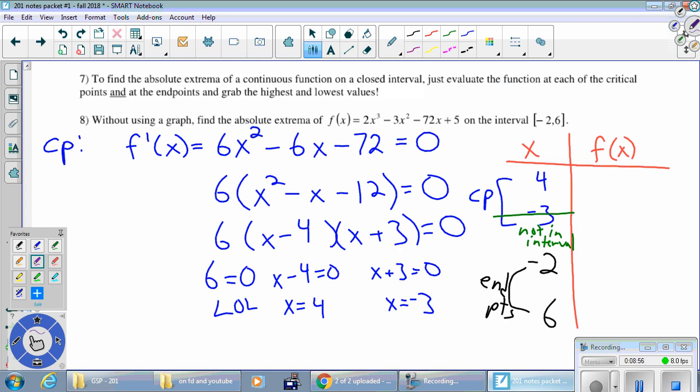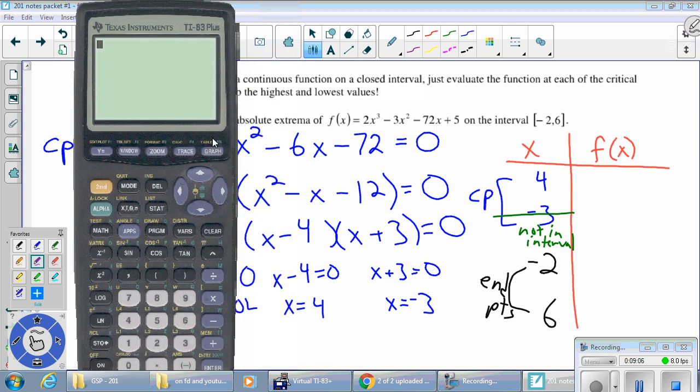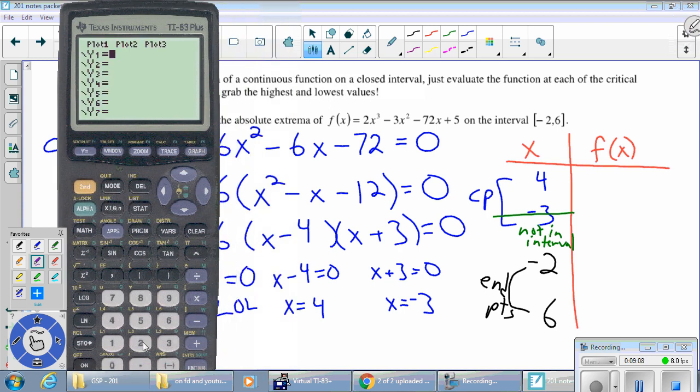When we plug 4 in, I'm actually going to use a calculator to help me on this, just to speed things up. Because I'm doing 3 function calls here, I'm just going to type the function in one time: 2x to the third minus 3x to the second minus 72x plus 5.